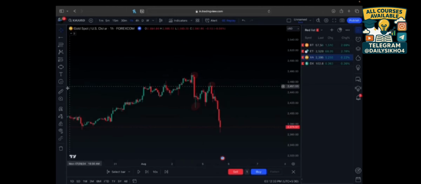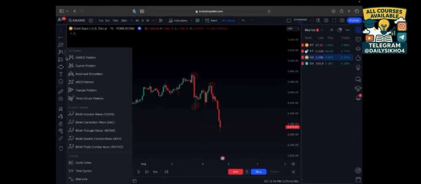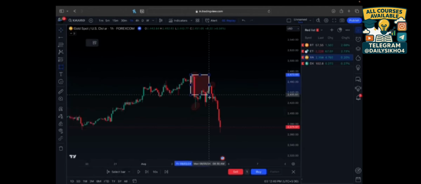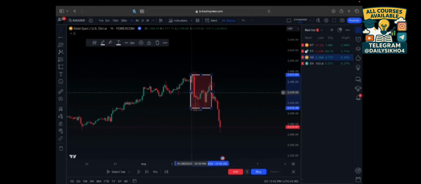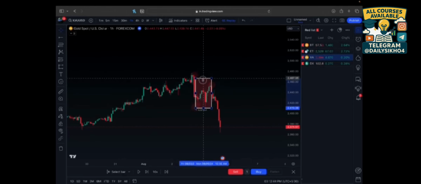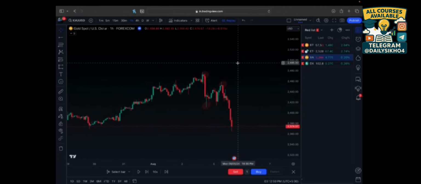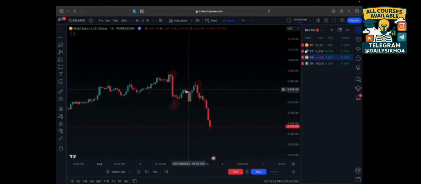If you read this entire structure from here to here, in itself it is a higher high, higher low, and higher high. This is what I like to call a complex pullback, because here it seemed like this was the lower high, but it went down, went up, and liquidated all the sides.